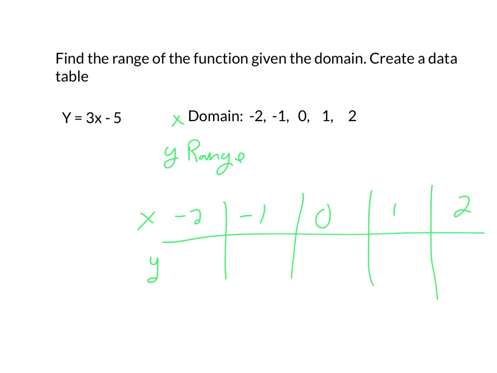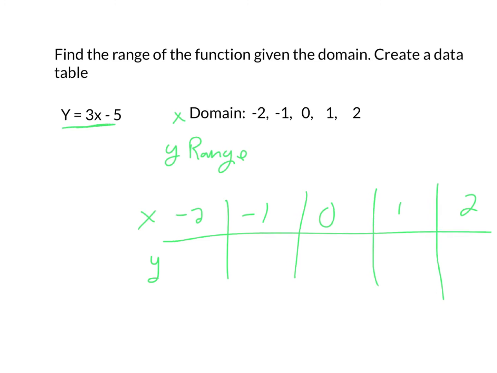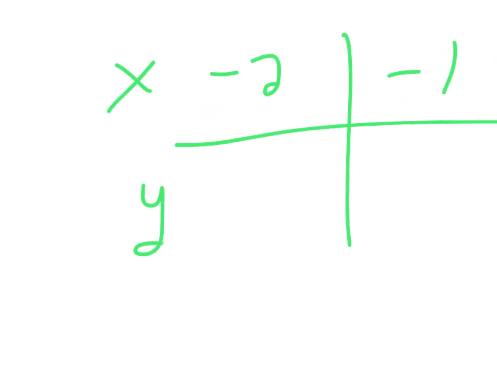What we're going to be doing is substituting these values in for x in this equation. So let's go to the first one. We're told our equation is y equals 3x minus 5. In this case, we're told that x is -2.